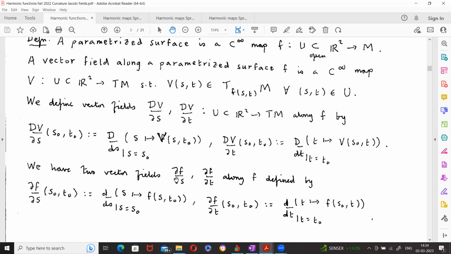The other is I'm defining two vector fields associated to F, ∂F/∂s and ∂F/∂t. These are the analogs of gamma prime of t for a curve gamma. Because I have two coordinates, s and t, I get two vector fields along F, ∂F/∂s and ∂F/∂t. That's all.